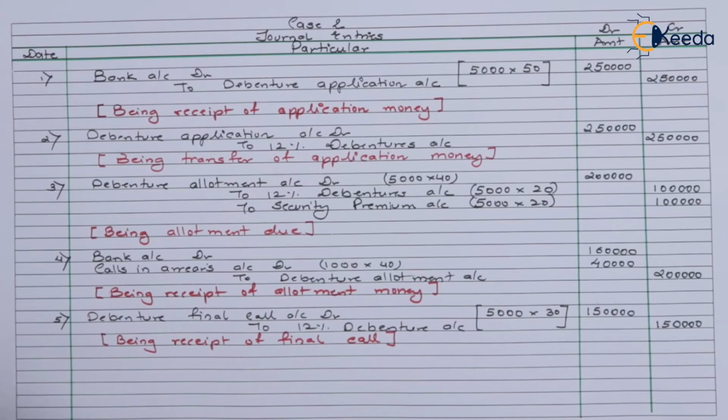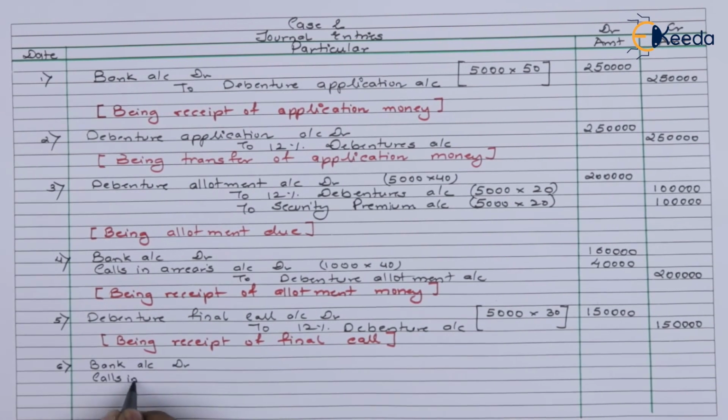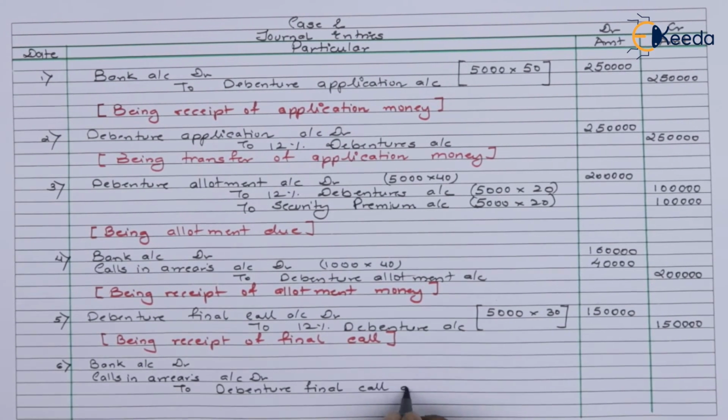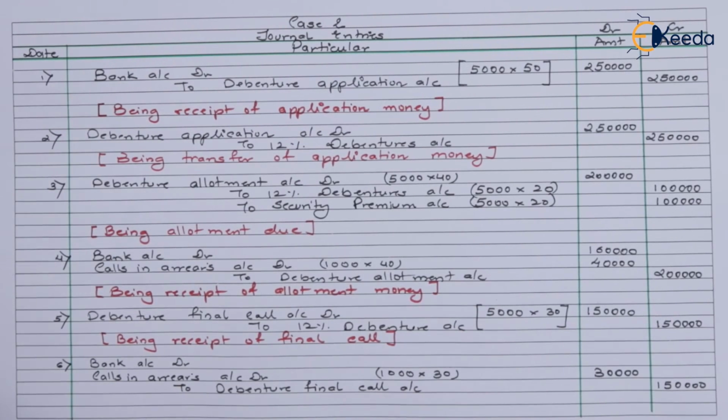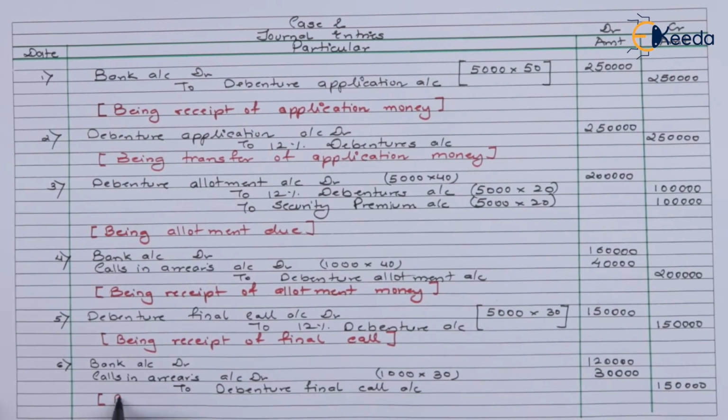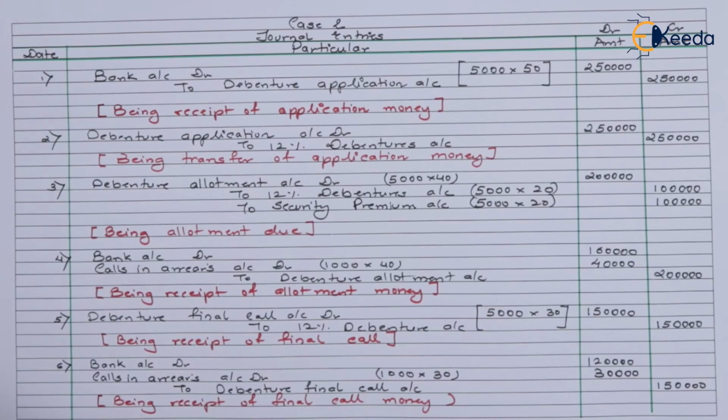Let's mention the last entry of case 2, which will refer to receipt of final call, including the calls in arrears. So out of 1,50,000, 30,000 is calls in arrears, because the 1,000 debenture holder who didn't pay the final call, that is 30,000, didn't pay up. That means 1,20,000 is what we would have received here. So with this, we complete the case 2 journal entries.